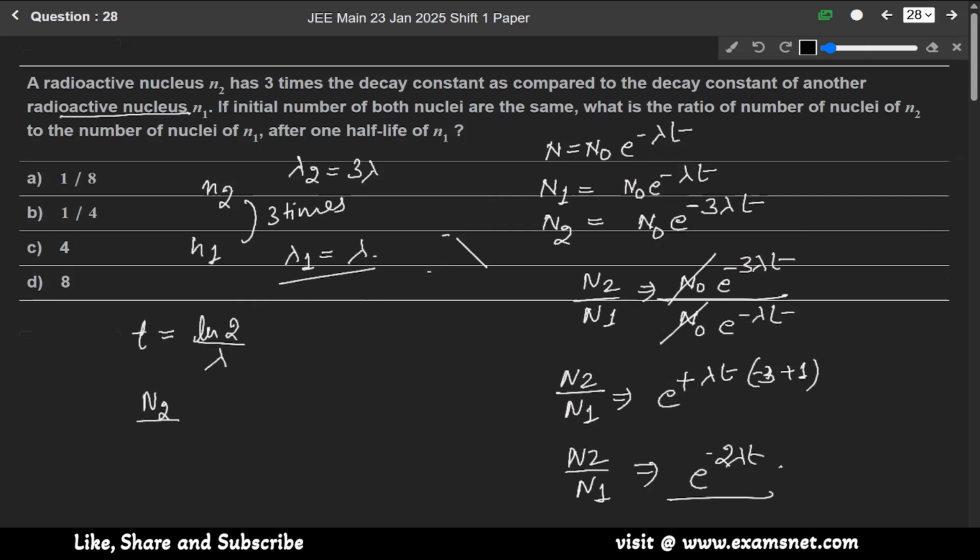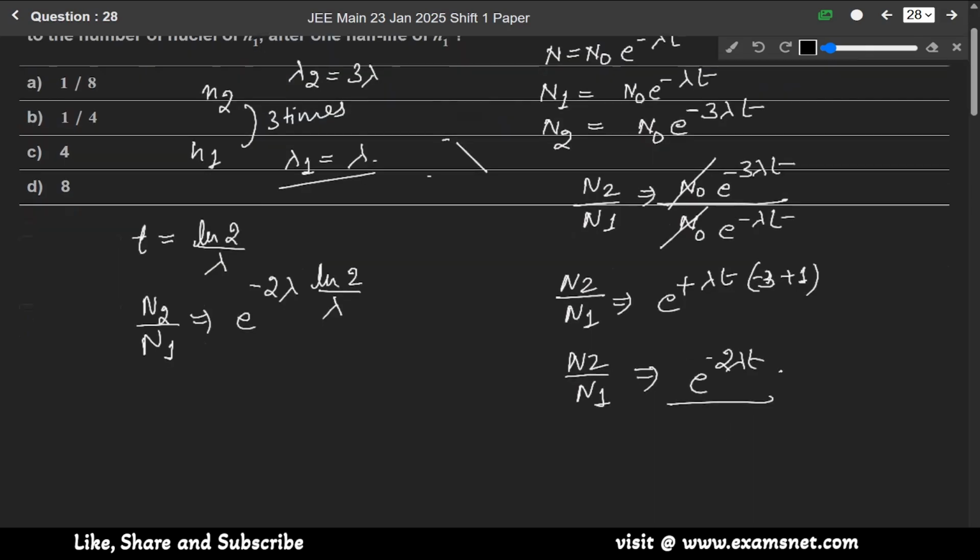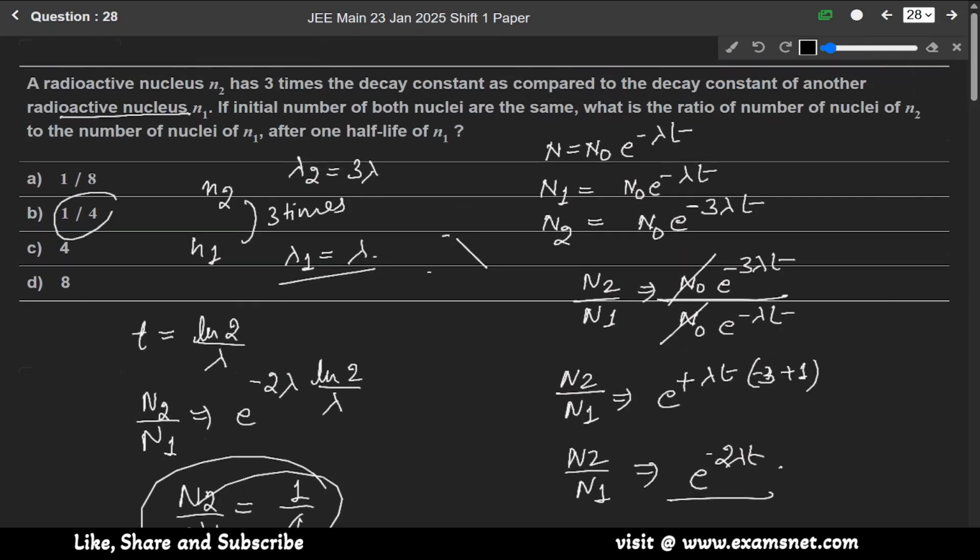So N2 over N1 will be equals to e to the power minus 2 lambda ln 2 over lambda. So from this N2 over N1 will become 1 by 4. So the answer is 1 by 4, means option B is the correct answer.